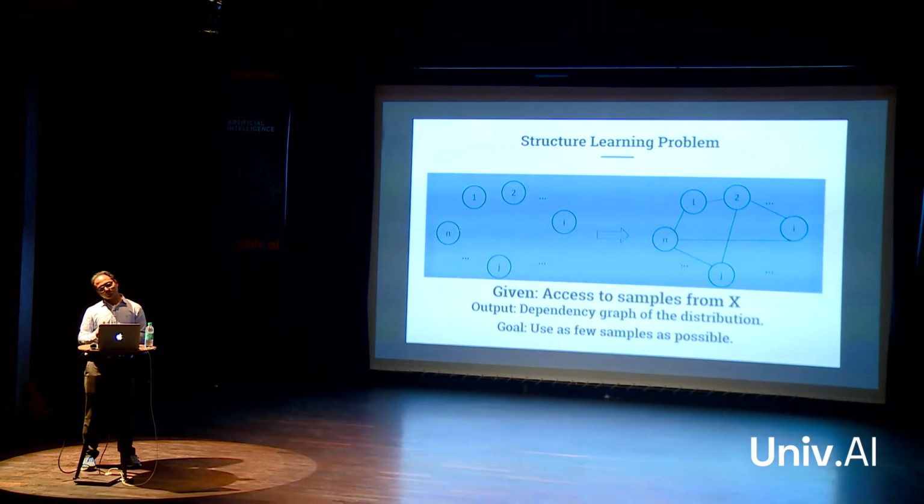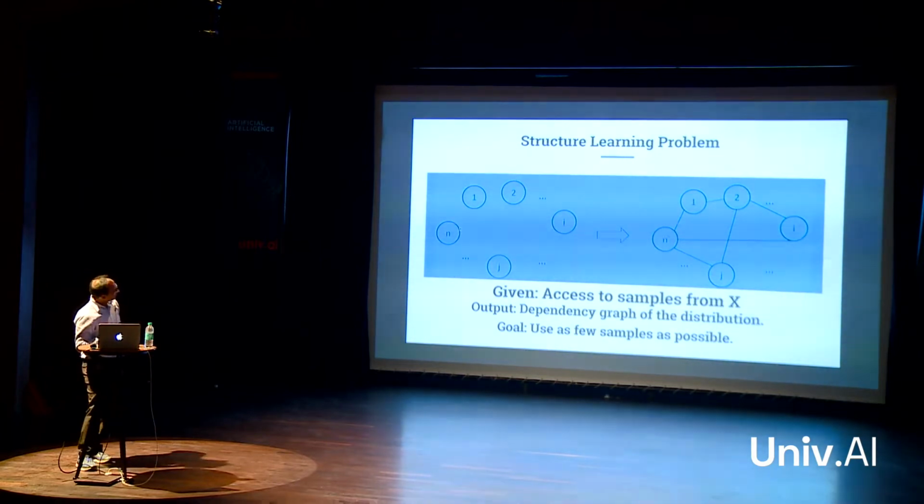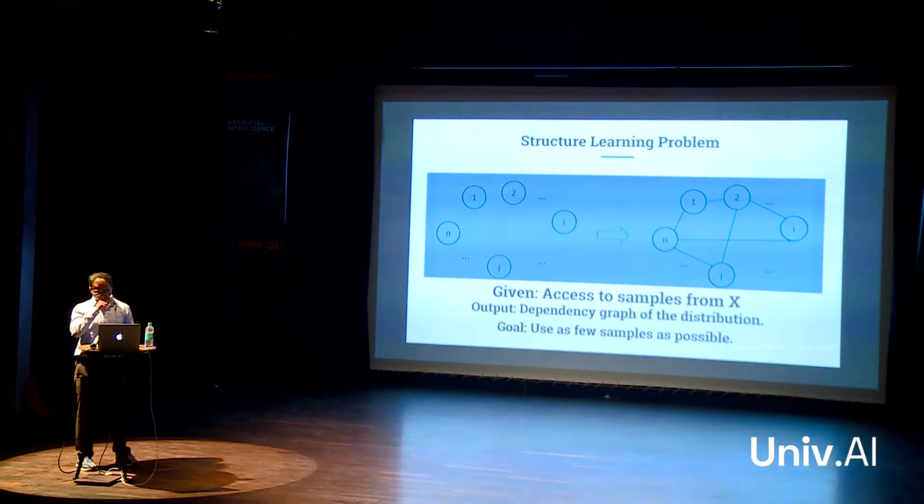And our goal is to do this with as few samples as possible. We have very little, and often where these models are applied, the number of samples is much less than the underlying dimension of the data. So you should think of n as being in the millions, and then the number of samples as much, much smaller.